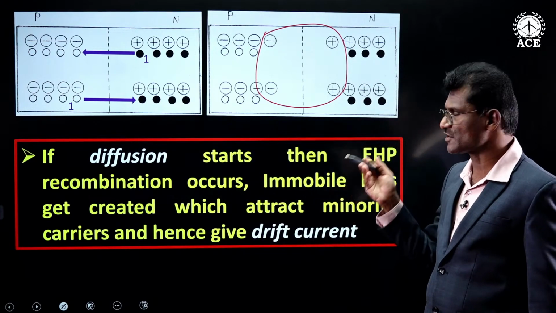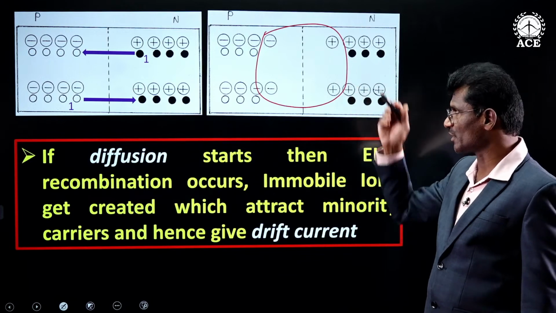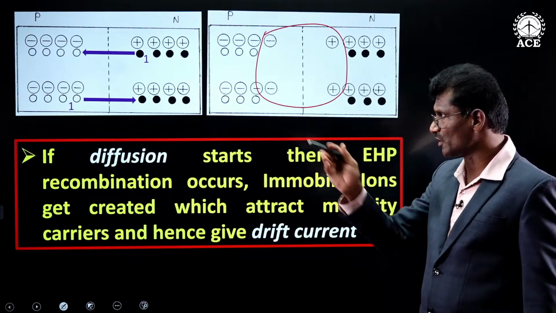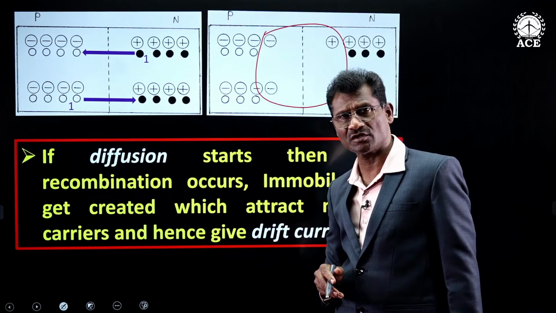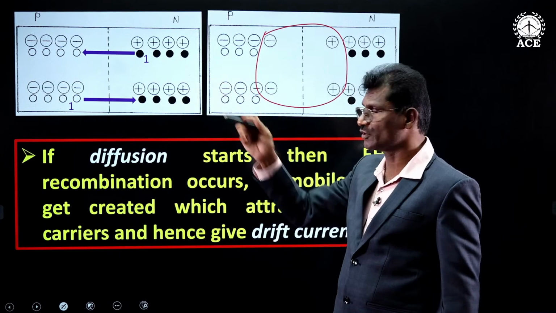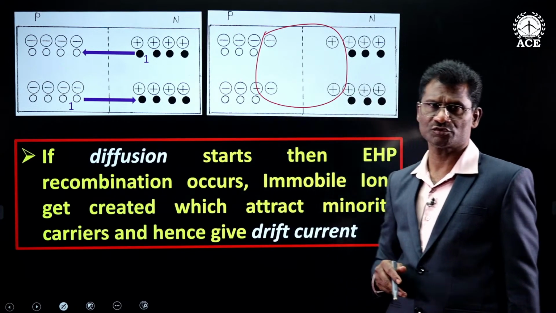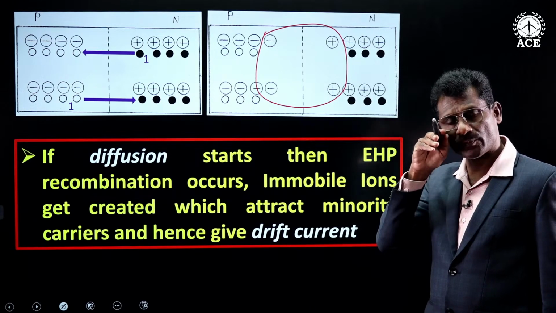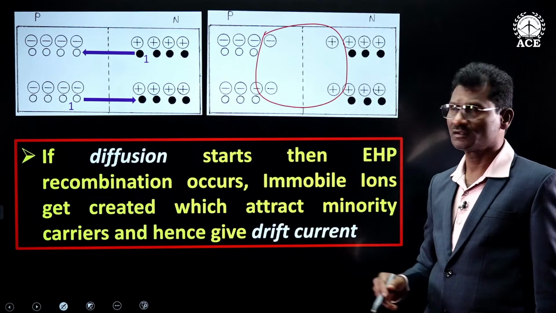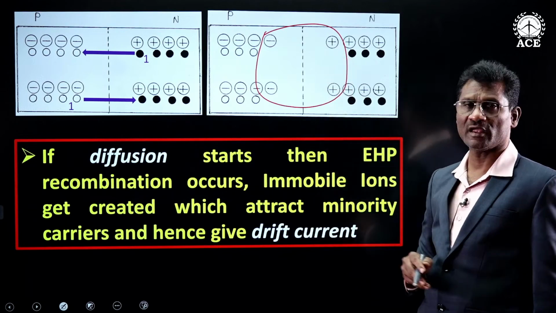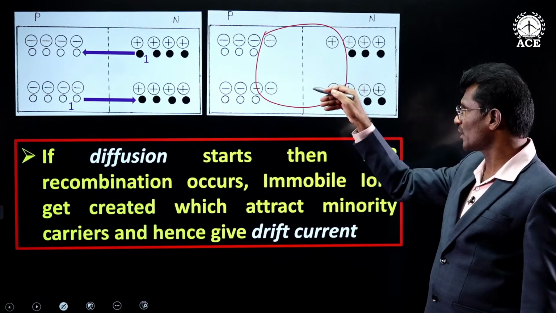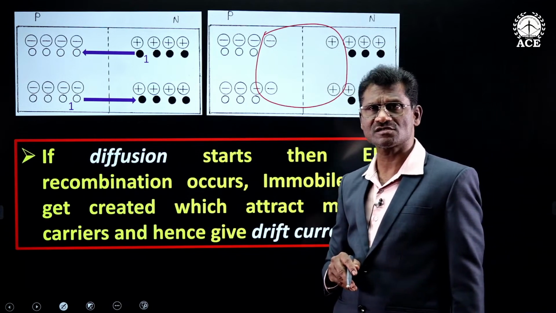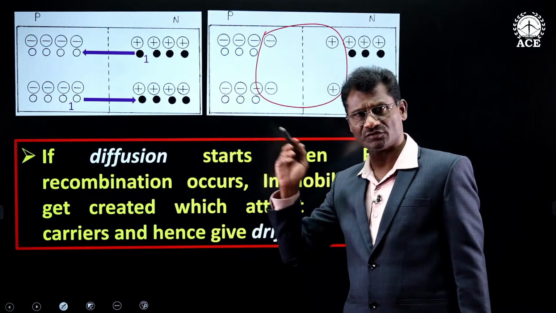So drift current has originated due to these ions, which got created due to EHP recombination, which was due to the initial level of diffusion.